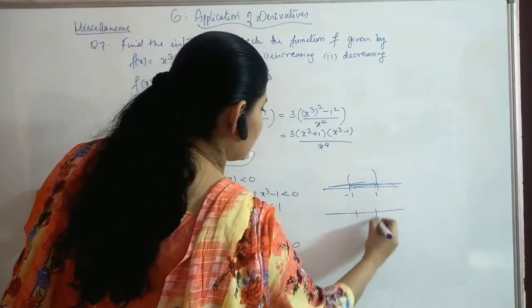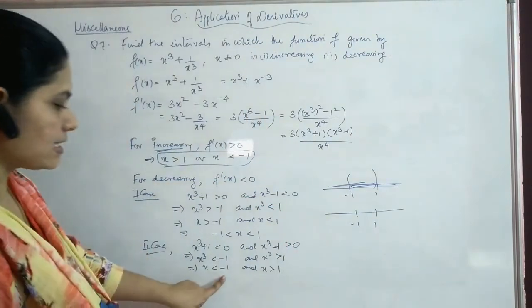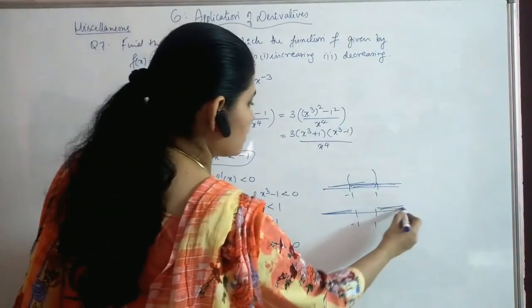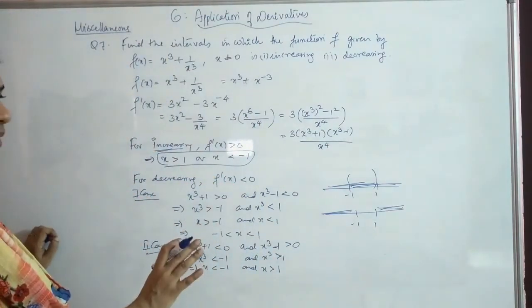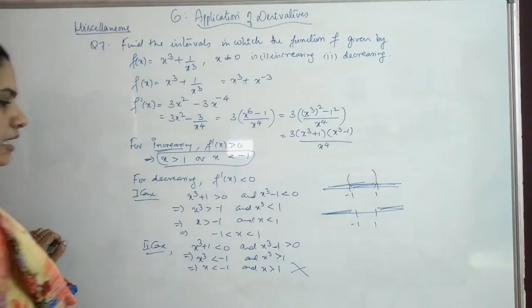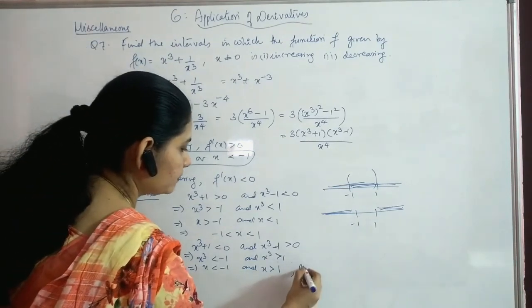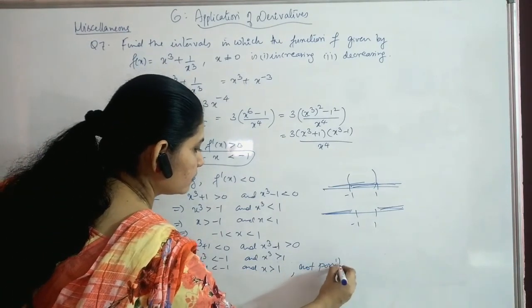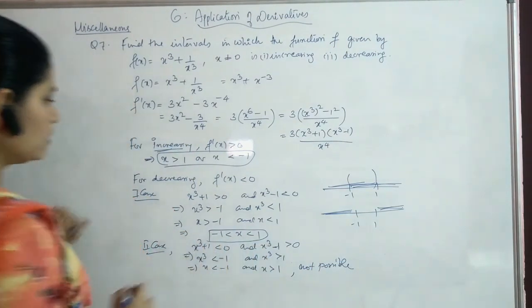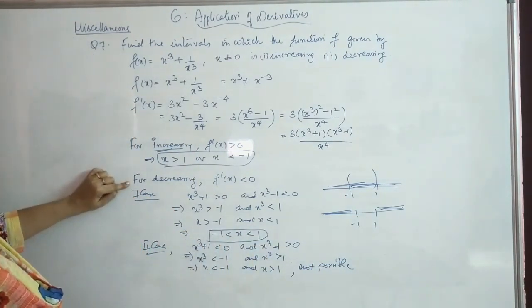Again on the number line, x is less than minus 1, this part, and x is greater than 1, this part. That means they don't have anything in common, it cannot happen. So this possibility we will neglect. This is not possible, so you will get only this condition for decreasing. Understood?